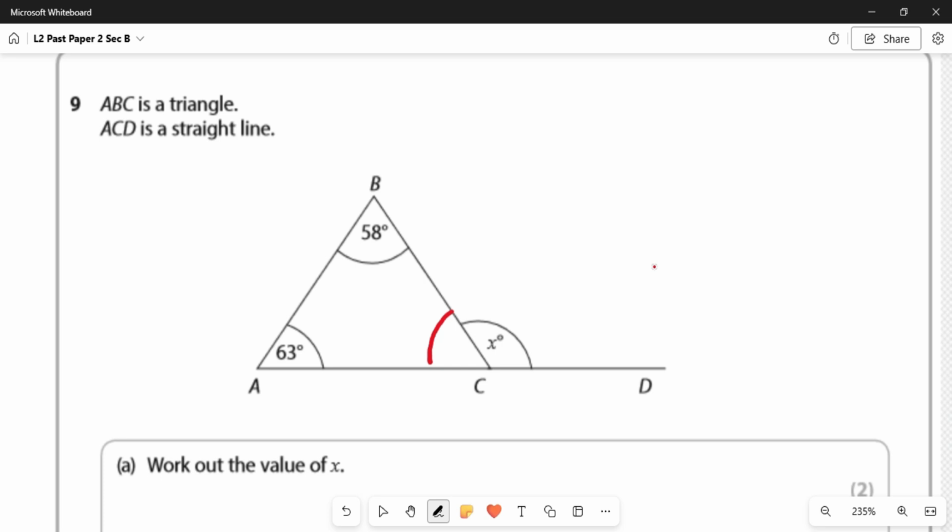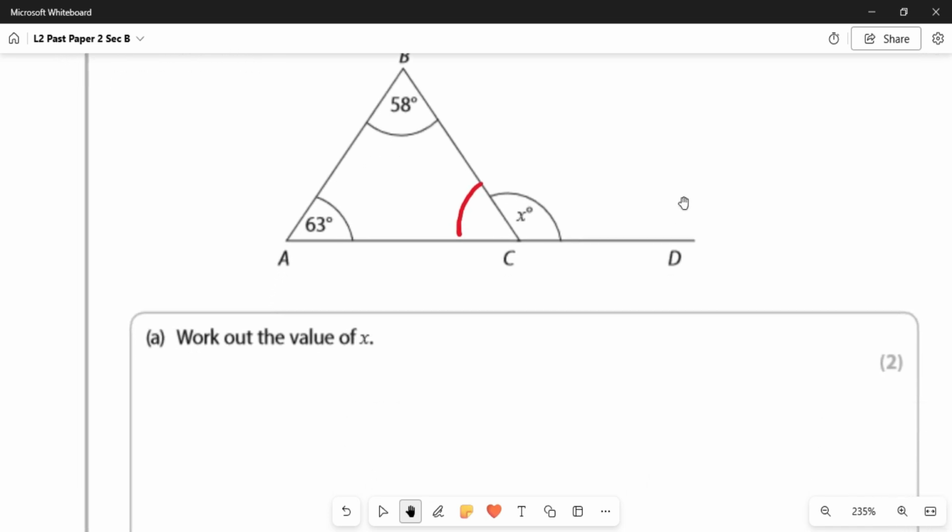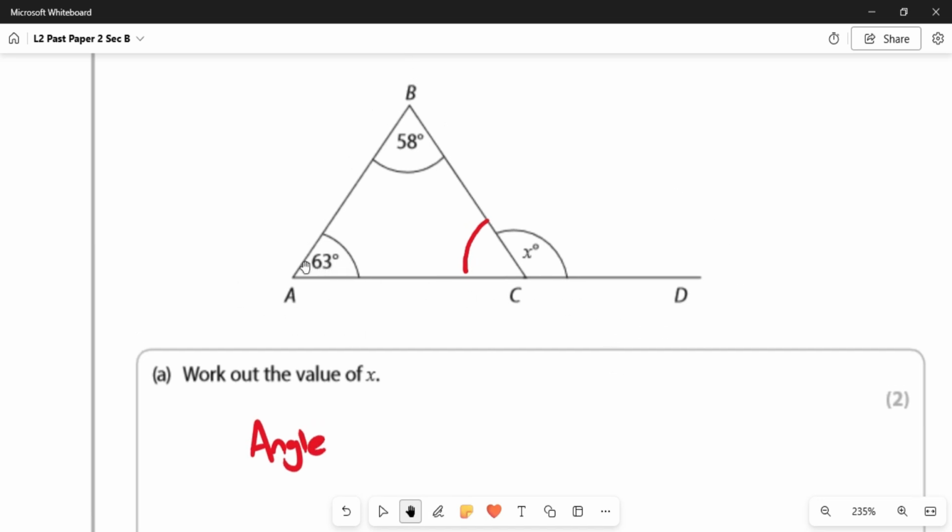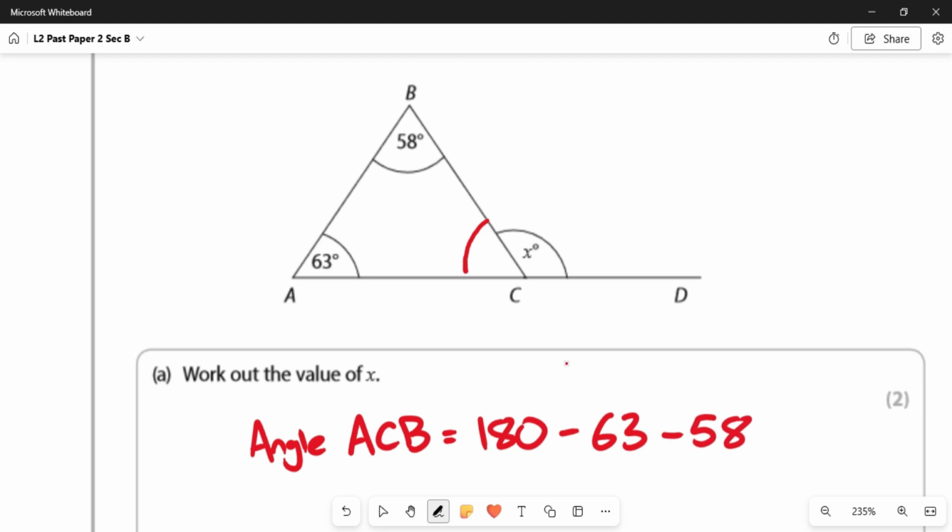So hopefully you know that angles in a triangle add up to 180 degrees. So we're going to have to do, let's call this angle, so you have to do it in order, and it's the middle one that you're talking about. So ACB, because we're talking about the middle one, equals 180 minus 63 minus 58.